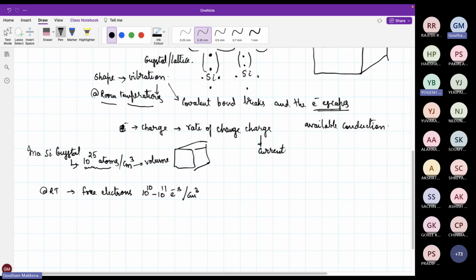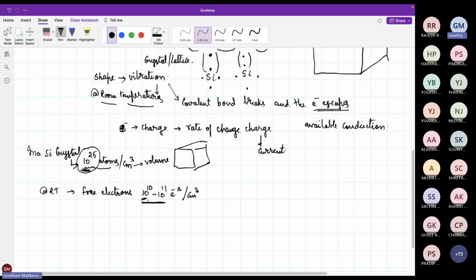It's a low number, sir. It's not good for conduction, I guess. It is not at all good for conduction, because where is 10 power 25 and 10 power 10? So it is like 15 orders of magnitude, right? Think in terms of rupees: 10 power 10 rupees and 10 power 25 rupees. There is no comparison.